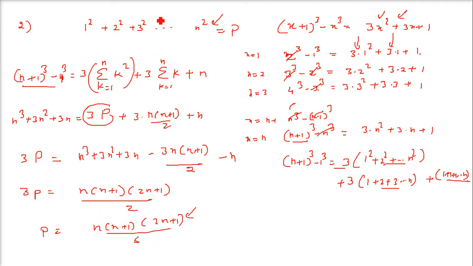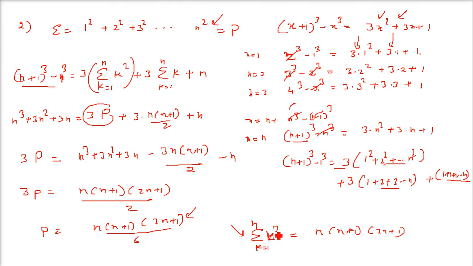So this is the sigma of this series, or you can say sigma k square, from k equals 1 to n.